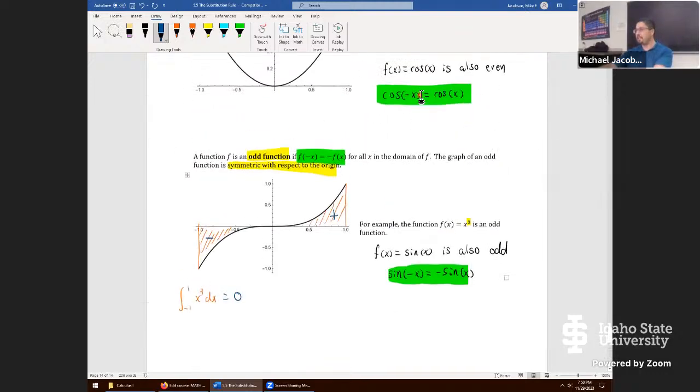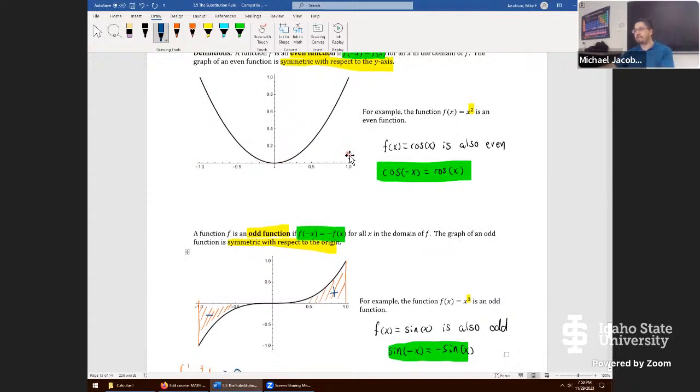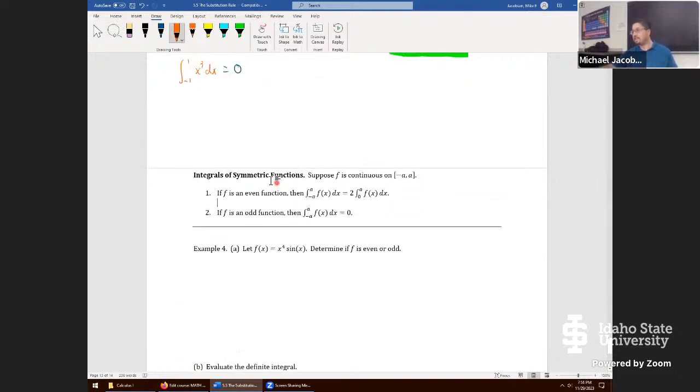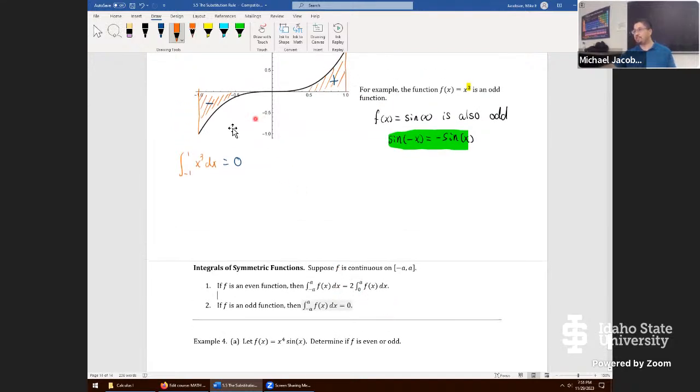The visualization of that would be, say, if you're integrating from here to here, you really just have to integrate from 0 to 1, double that area, and you have the whole integral because of symmetry. The second portion is saying, if it's an odd function and you integrate from -a to +a, you just get a 0 out.